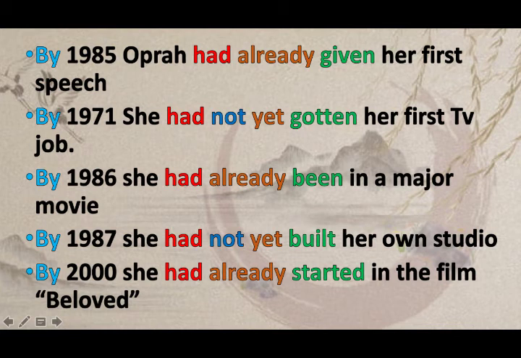By 1971, she hadn't yet gotten her first TV show because it happened in 1973. So we use by to emphasize some events in life, like Oprah Winfrey's career.